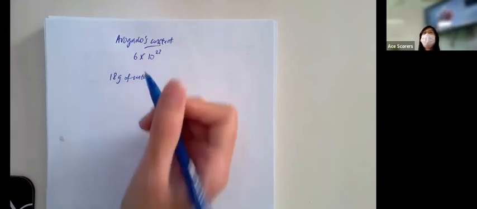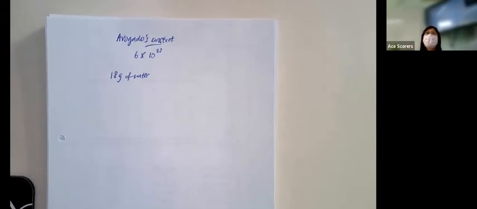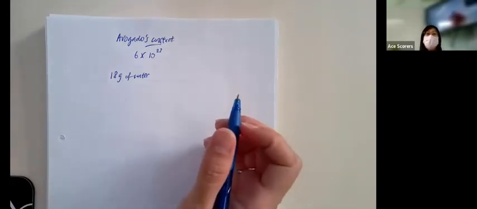18 grams of water. You know, 18 grams of water is very little, right? It is probably equivalent to 18 cm cube of water. Why? Because the density of water is 1 gram per cm cube, so 18 grams of water means the volume is about 18 cm cube.